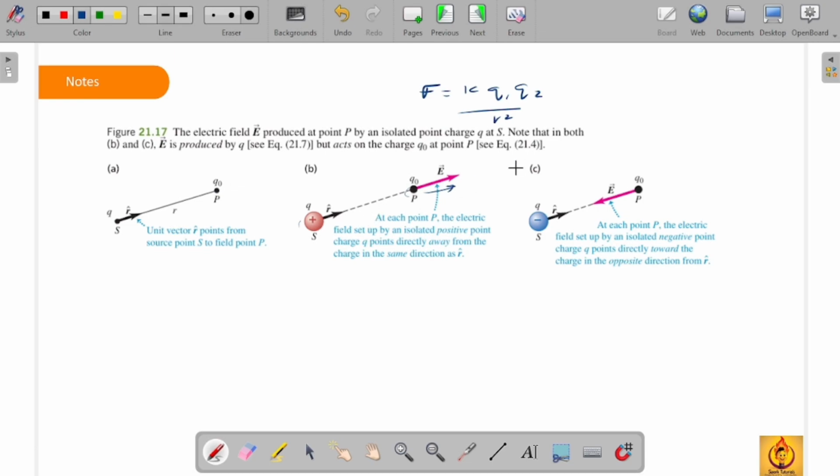But if now the source of the electric field is negative, it pulls it towards it. So now the electric field is into the source. Here it was away from the source. Here it is into the source. I hope you see this difference.